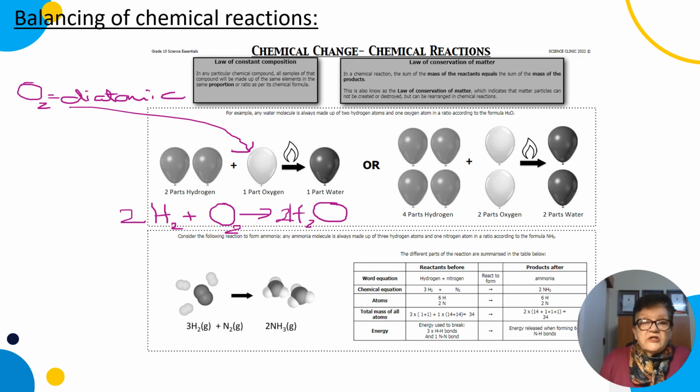I have 2 hydrogen atoms on the left hand side, 2 on the right hand side initially. I have 2 oxygen atoms, and I have 1 on the right side. So to balance it, I can just fill in the 2 in front of the H2O, but now the hydrogen becomes 2 times 2, which is 4, so I have to put a 2 in front there as well.